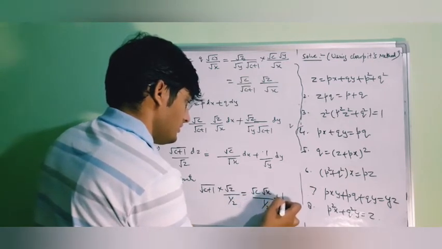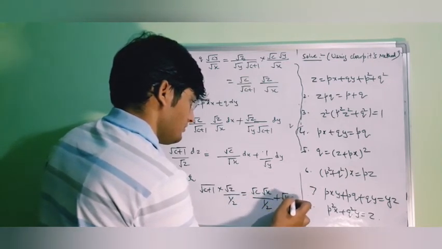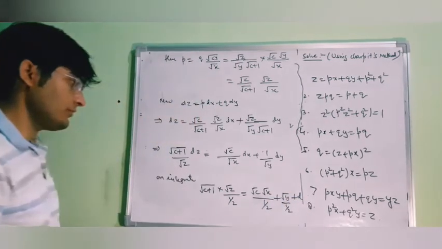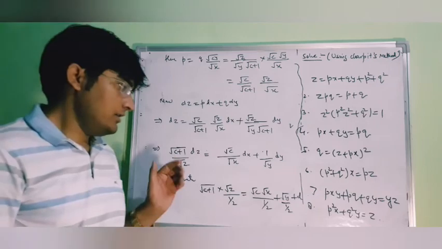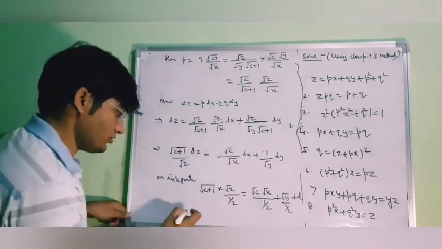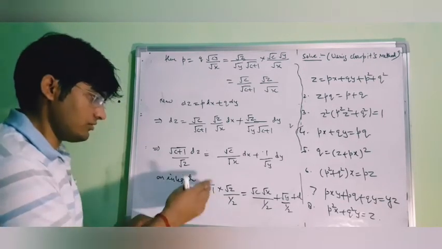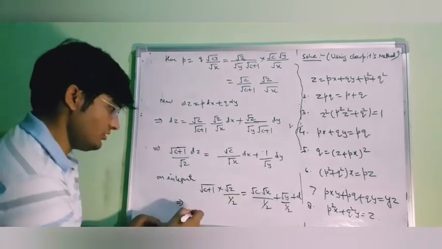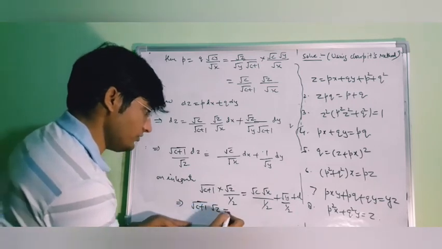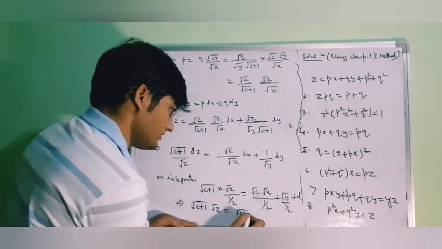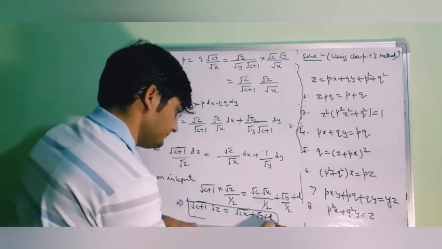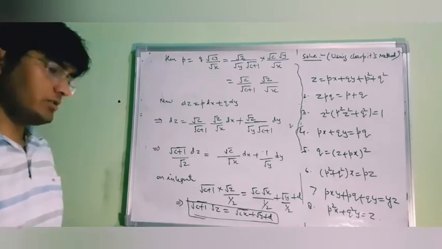Then here we will have root y plus some constant of integration d divided by again half. And let us divide the whole equation by, or you can say multiply the whole equation by 2. If we divide the whole equation by 2, our answer is root c plus 1 into root z equal to root cx plus root y plus d. So this is your answer.